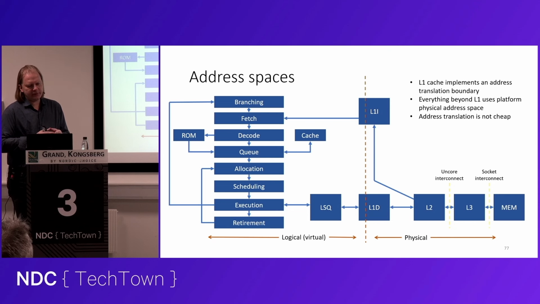If your cache is virtually tagged, then that means that you need to have the number of address translators equal to the number of ways. And that is a limiting factor. That means that you need to have a fast multi-ported memory only for address translation. And you will spend more time in translating and verifying tags than actually accessing the data.